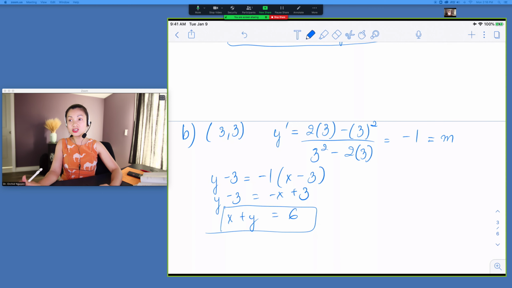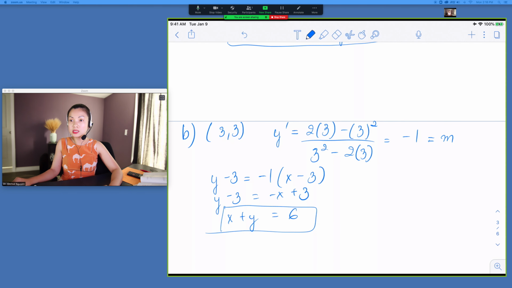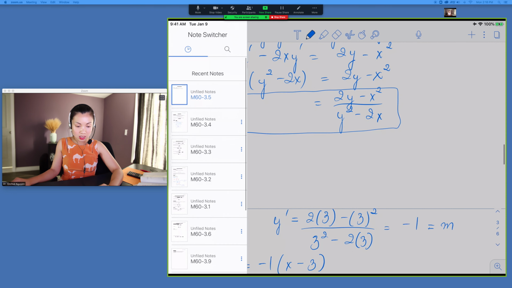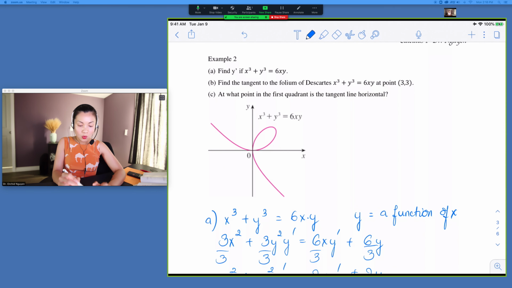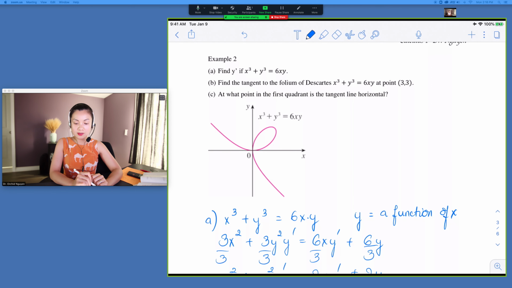So that's the tangent line. Okay. Now, what we need to do now is figure out at what point in the first quadrant the tangent line is horizontal.